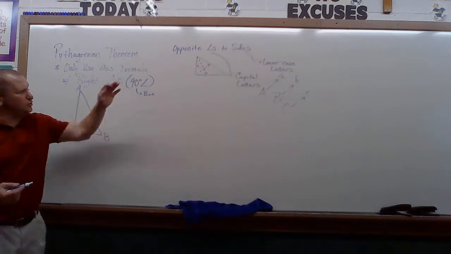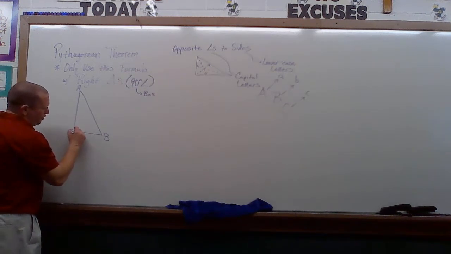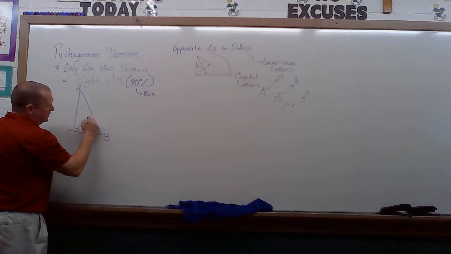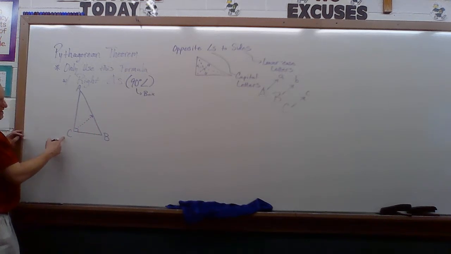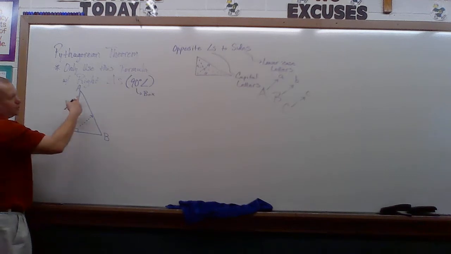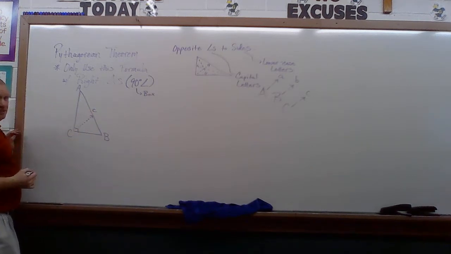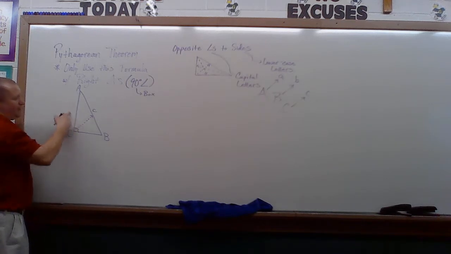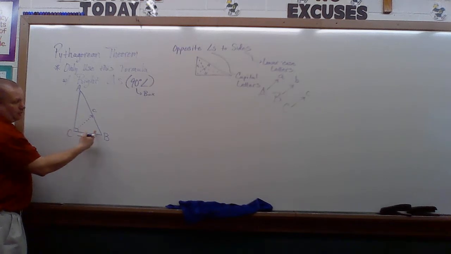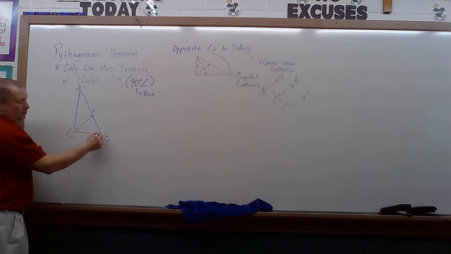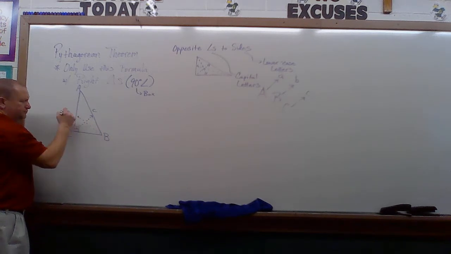So when we go and do the opposite part here, notice here, if I go opposite of this angle right here, which is capital C, what should this side be called? Lowercase c, right? And what should this side right here be called? Lowercase b, because it's opposite or across from it, right?